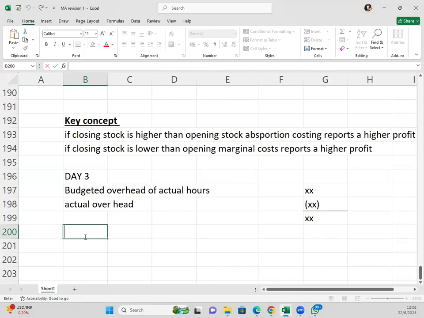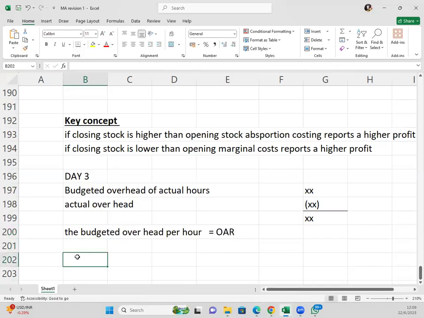So from our budget, we decided how much overhead each hour consumes, which is our overhead absorption rate. So the budgeted overhead per hour is equal to our overhead absorption rate.